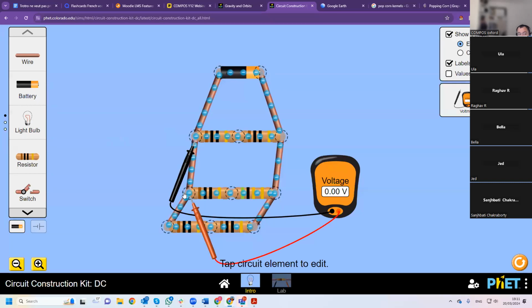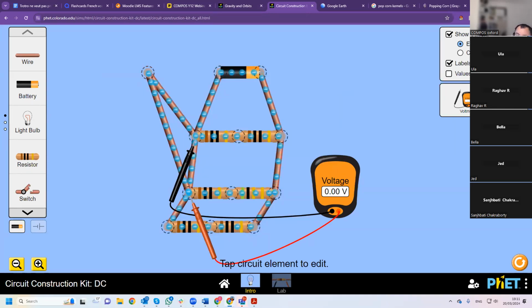Hope that makes sense. If I add another wire like this, still some current flows.